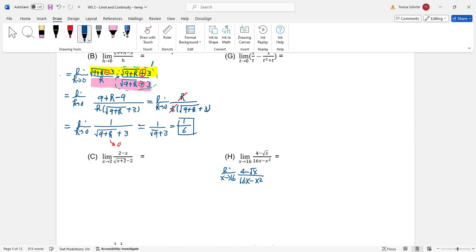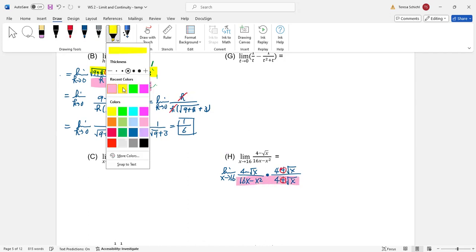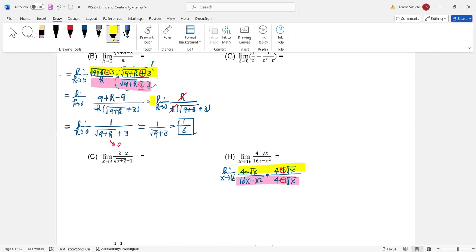Remember, the conjugate is when we multiply by the opposite sign, right? So this is 4 minus the square root of x, so I'm going to use 4 plus the square root of x. The denominator is exactly the same, just like the one we did before, so it's 4 plus the square root of x. Then you multiply the denominator and you multiply the numerator.